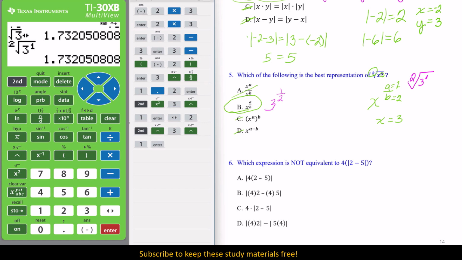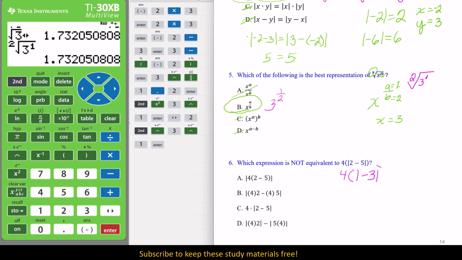Well, I'm looking at A. We could go ahead and do this, but we can't just say parentheses where the absolute value is. And that is because this is actually equivalent to this. Okay. And when you pull it out, you have 4 in parentheses 3. Remember, anything inside the absolute value, if it ends up being negative, you pull it out as a positive. So the answer is 12.